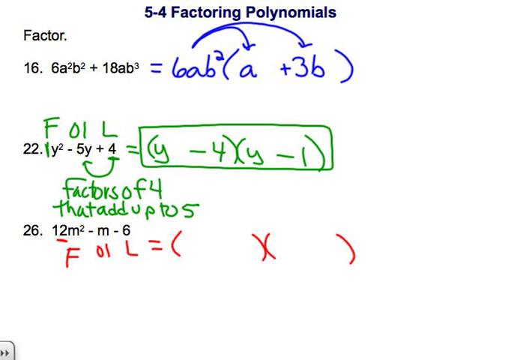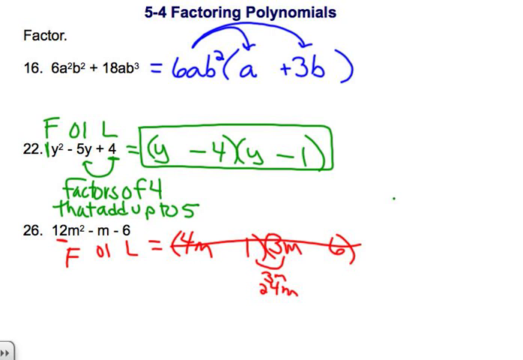To get 12m squared, we could take 4m times 3m, and then we'd have to maneuver the 6 and the 1 to go in the last spots, factors of 6. So we could go 1 and 6, but then this would give us 3m, and this would give us 24m, which does not work. So we can cross that off.